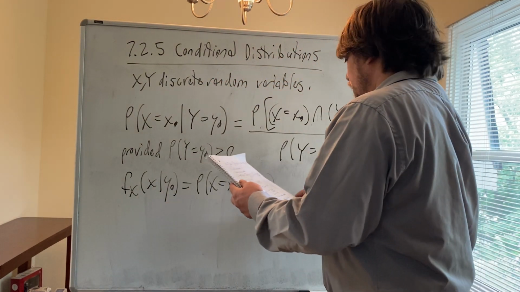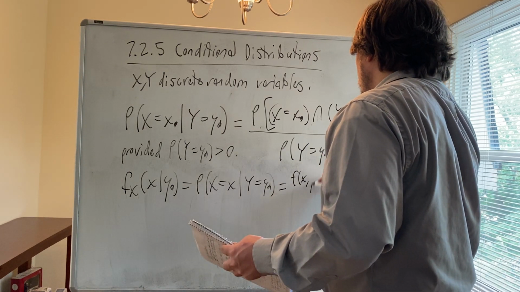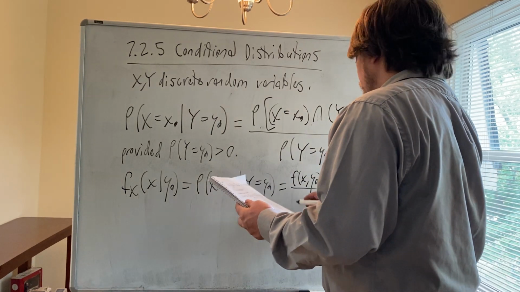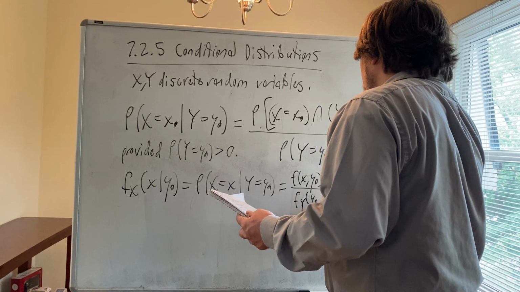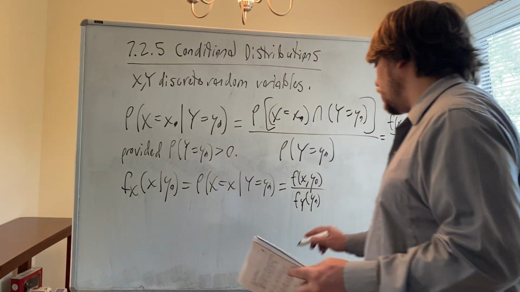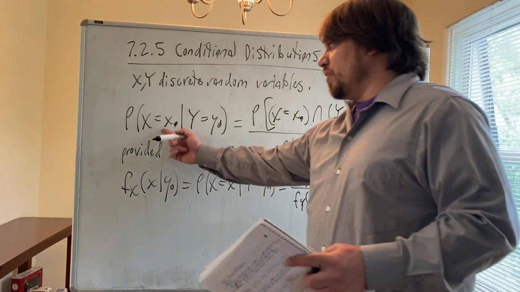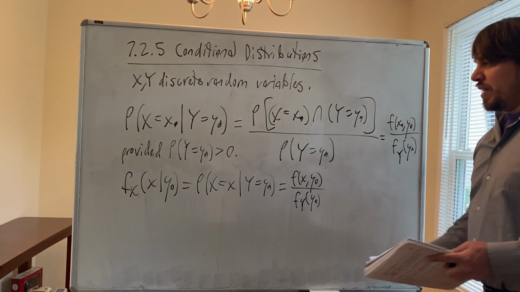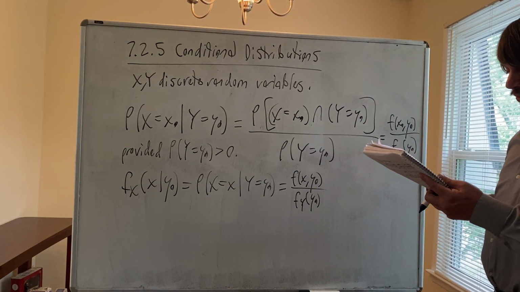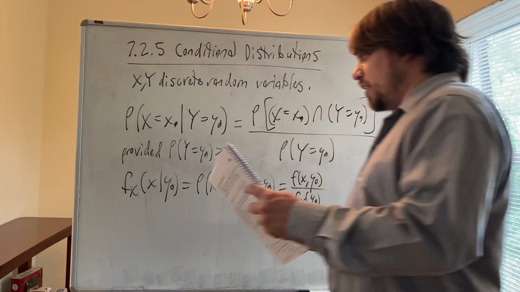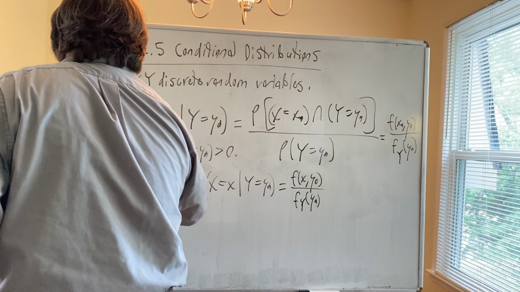And that's equal to f of x comma y naught divided by f sub capital Y of y naught. But now here little x is a variable, so you don't have to look at a particular value of x. You can look at any value of x here. Okay, so this is a definition.